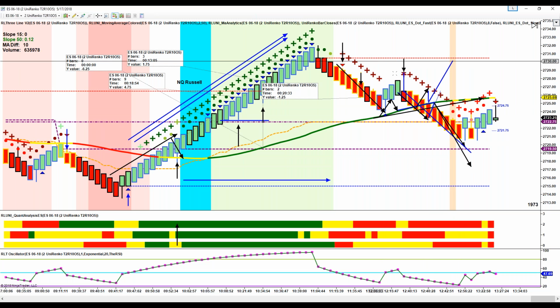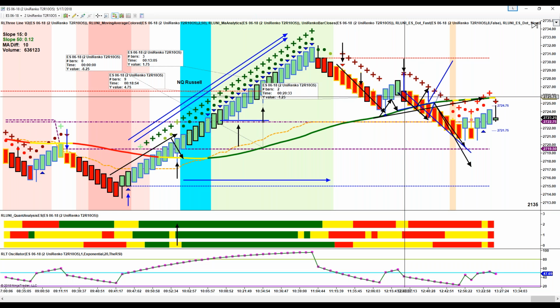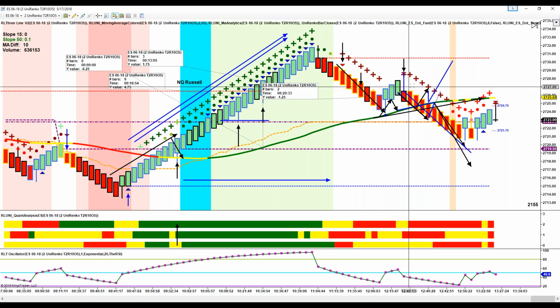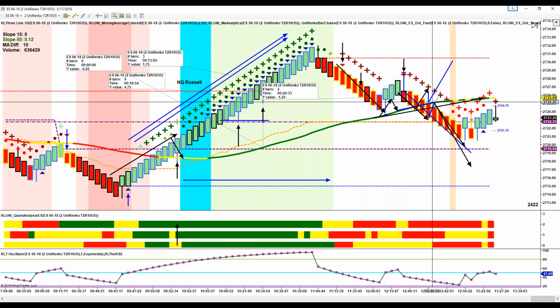So that last move down, no matter what I saw here, I would let that trade go and not trade through the 50. I would let it move through the 50 and then see what happens. If it bounces, I'd wait for the retest and the move up. If it moves through, I would wait for the pullback into the 50 and then the continuation short.